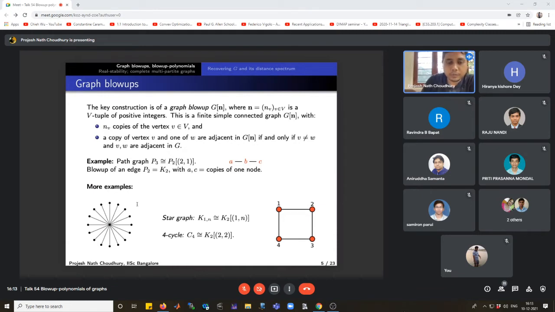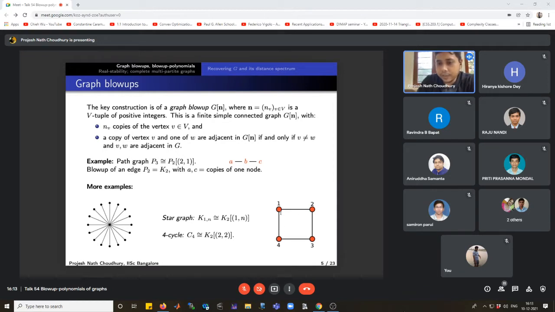Here are two more examples. One is a star graph. This is the same as saying: start with an edge, take n copies of one vertex, and fix the other vertex, and that will give you exactly the star graph. Similarly, for a cycle graph on 4 vertices, start with an edge, say 1, 2, and now take two copies of vertex 1, say 1 and 3, and two copies of vertex 2, say 2 and 4.